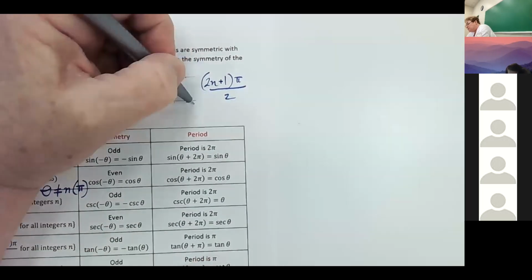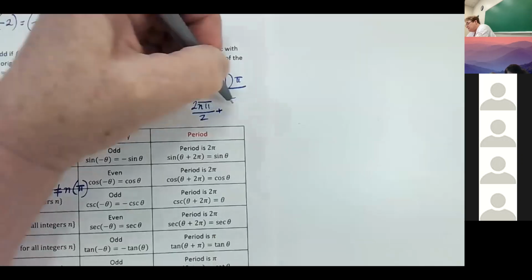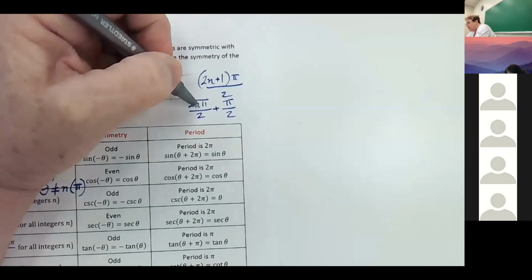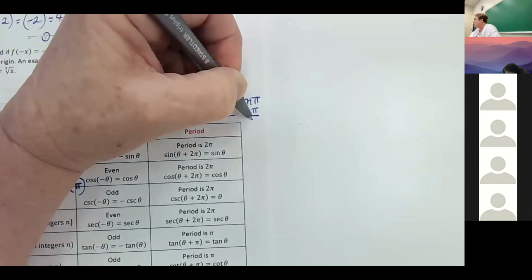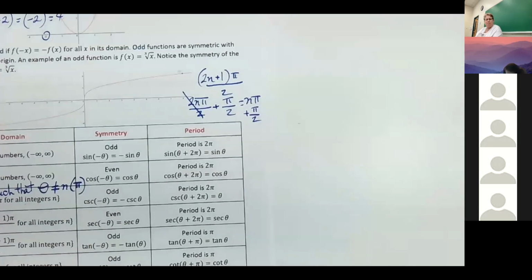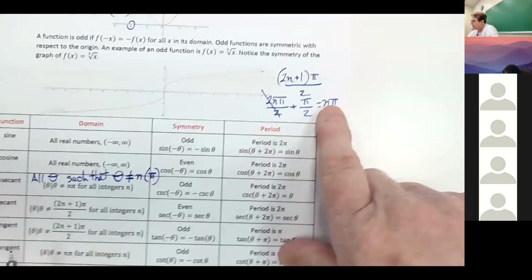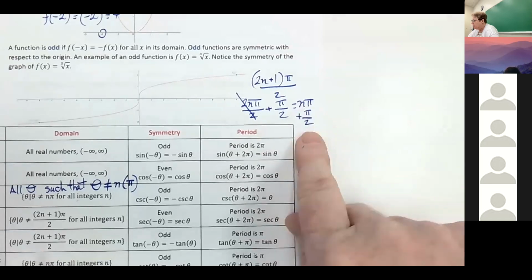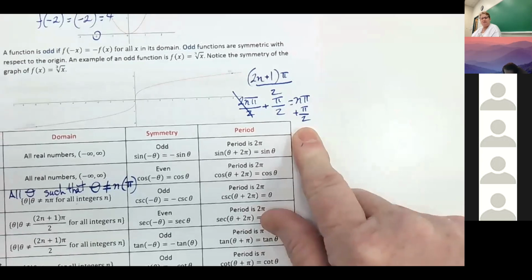That would give me 2n pi over 2 plus pi over 2. And yeah, we just get n pi plus pi over 2. Very good. And that even makes it plainer. We start with an even multiple of pi, and we add pi over 2 to it. And we'll always end up on the y-axis.